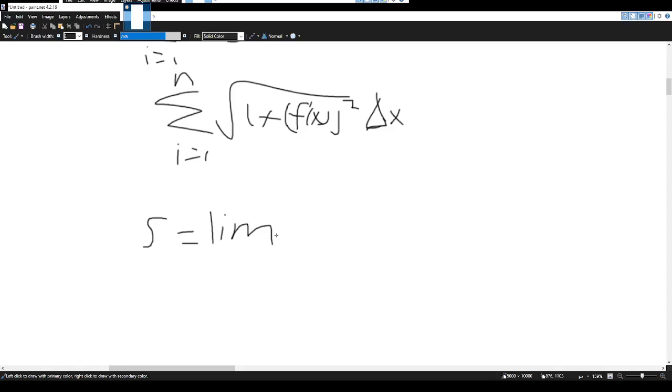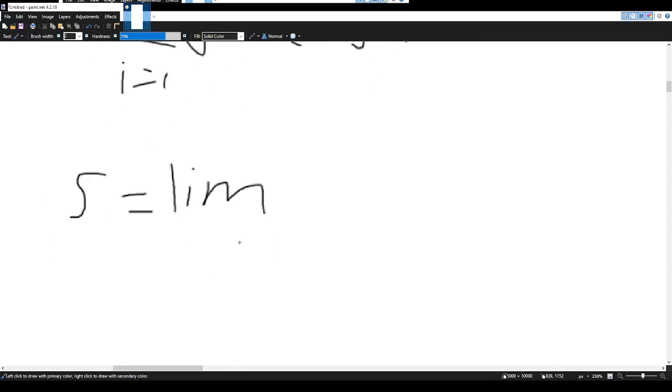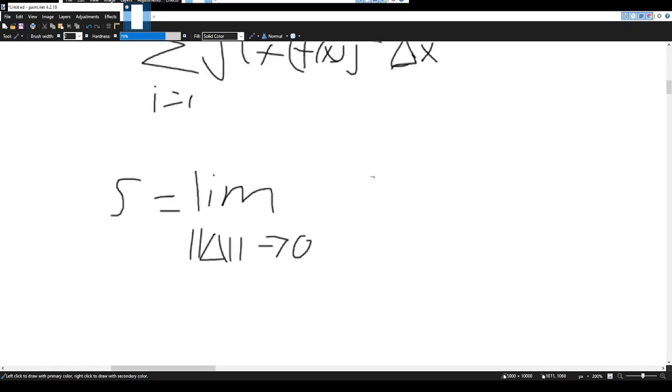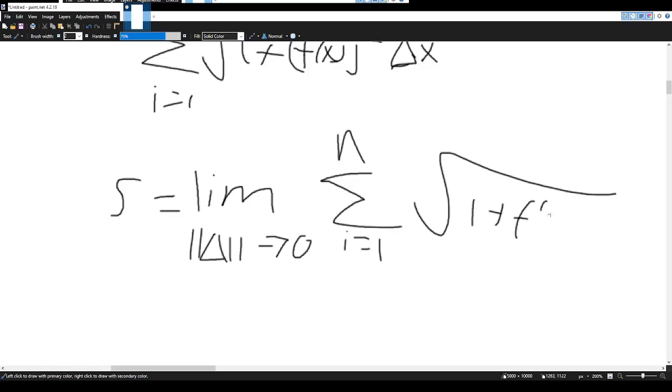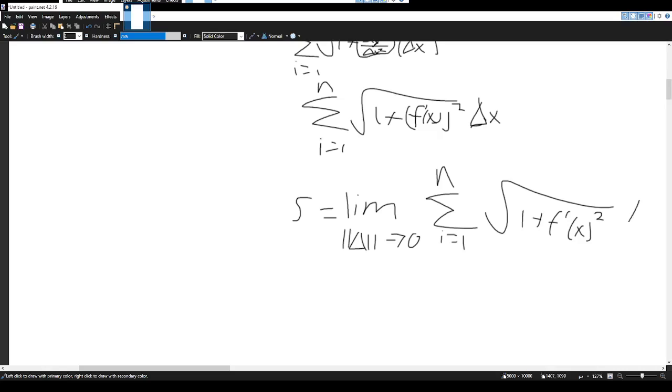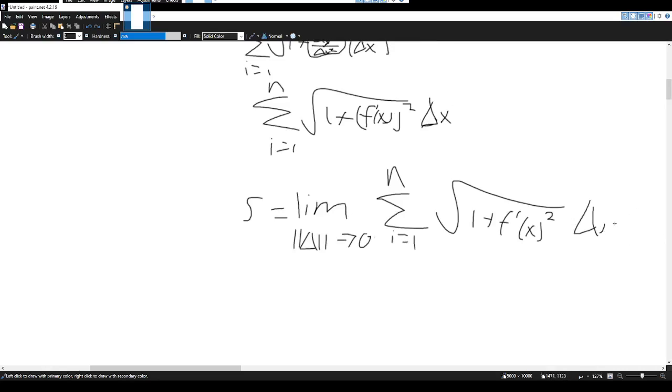As delta x approaches 0 of the sum, i equals 1, and then of course the square root of 1 plus f of x squared, delta x.